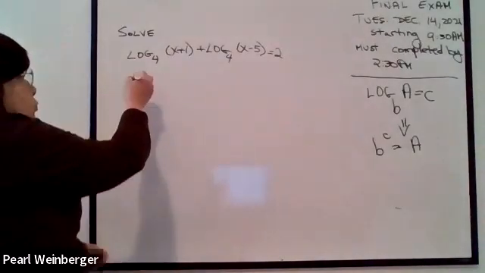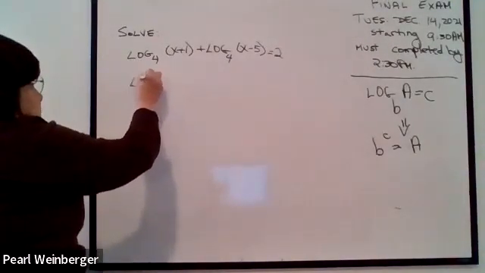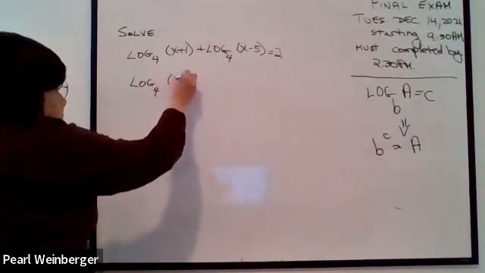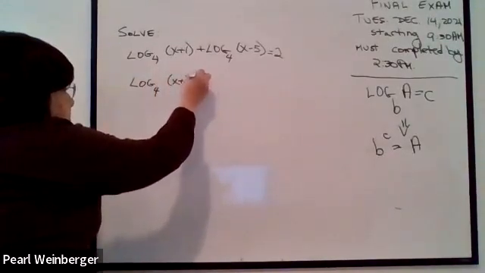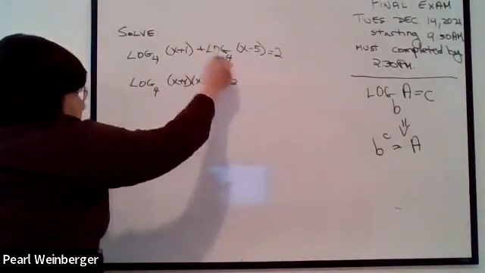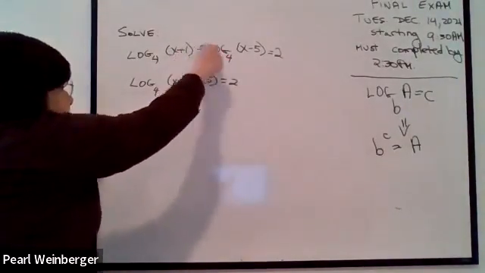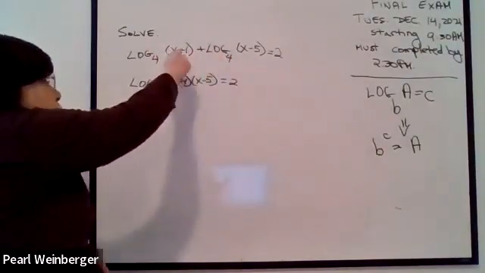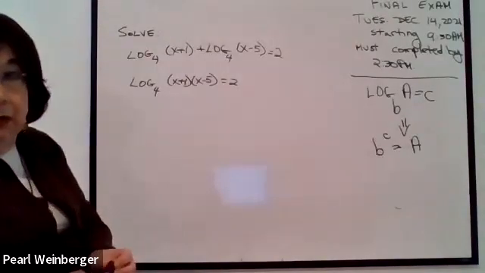So I could rewrite this as the log base 4 of x plus 1 times x minus 5 equaling 2. I was adding the logs. That means I'm multiplying the two algebraic expressions.